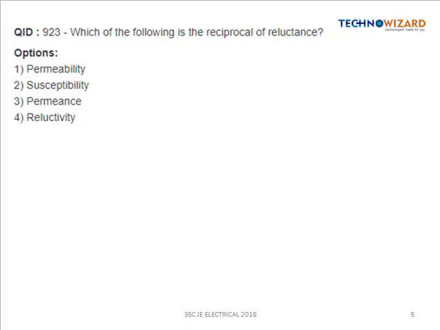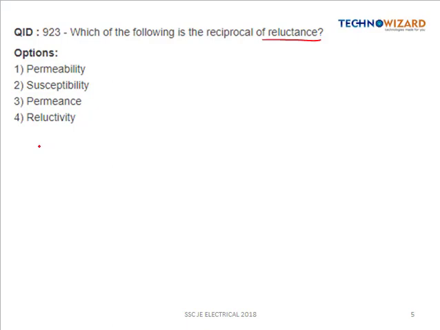Next question is, which of the following is a reciprocal of reluctance? We know that the reluctance is the opposition offered in a magnetic circuit to the magnetic flux. In the electrical circuit we have the resistance, similarly in the magnetic circuit we have the reluctance.